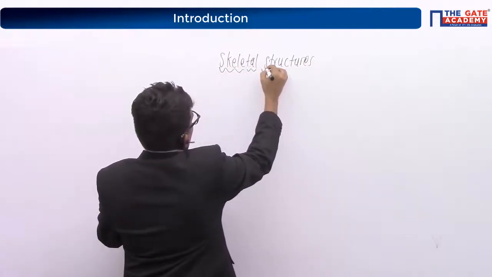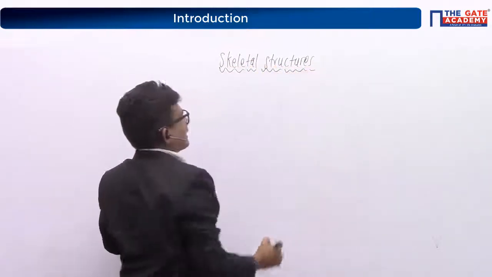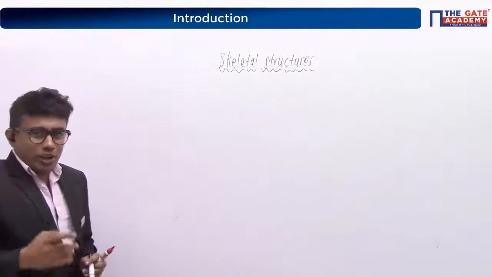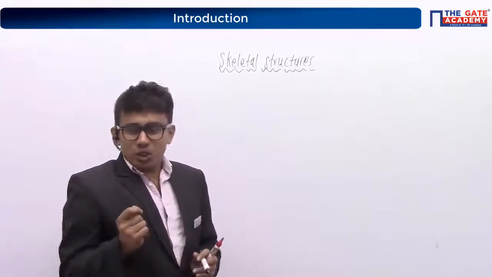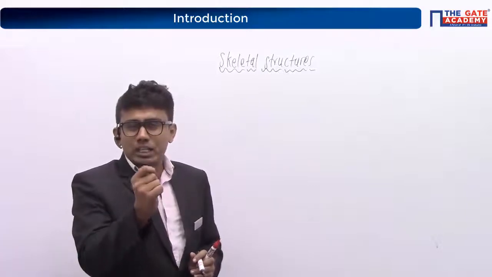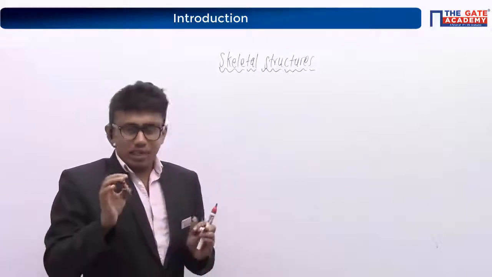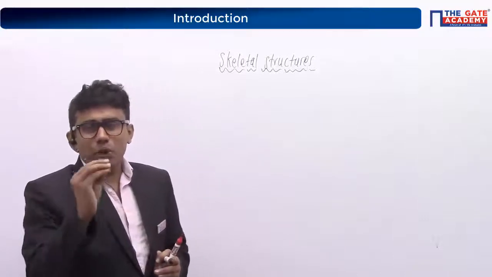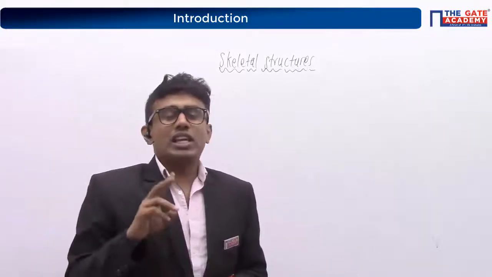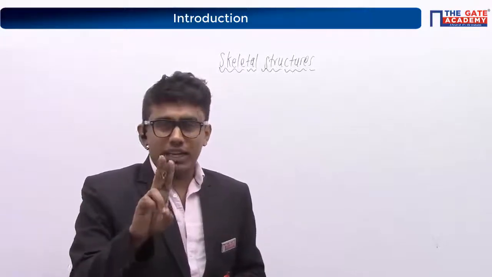I told you our focus will be on skeletal structures, and I'm going to classify our skeletal structures again based on the type of joints present in it, which is actually very important. Write down, based on the type of joints present, skeletal structures are classified into two.